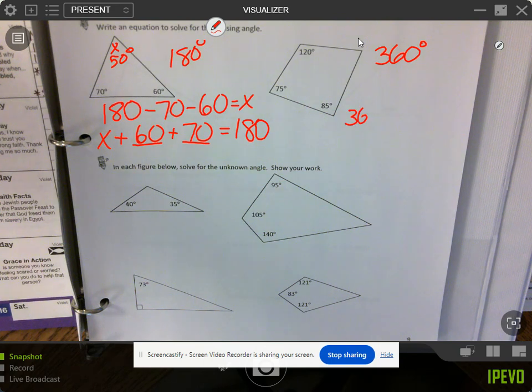360 minus 45 minus 75 minus 85. And we're going to say X is our unknown angle. So what is 360 minus 120 minus 75 minus 85? Down.